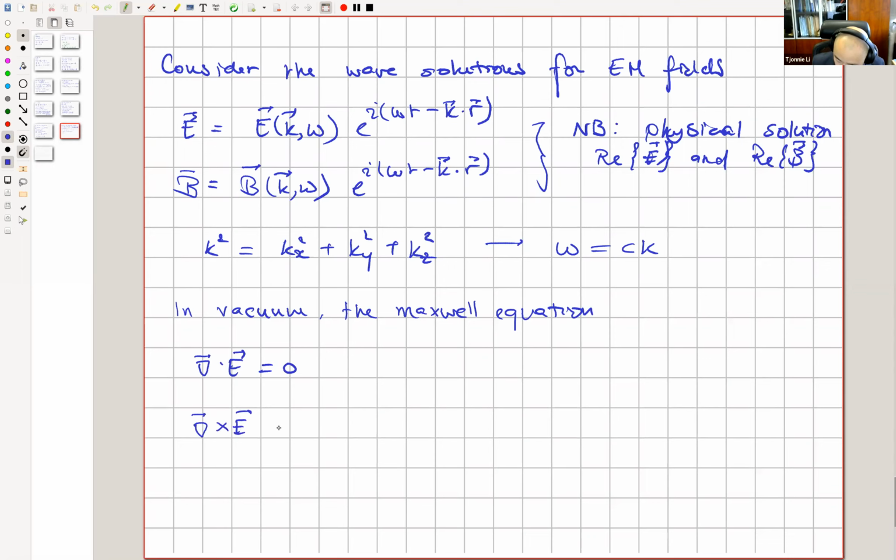The curl of E equals the negative of partial B, partial t. The divergence of B equals 0. And the curl of B equals 1 over c squared, partial E, partial t.